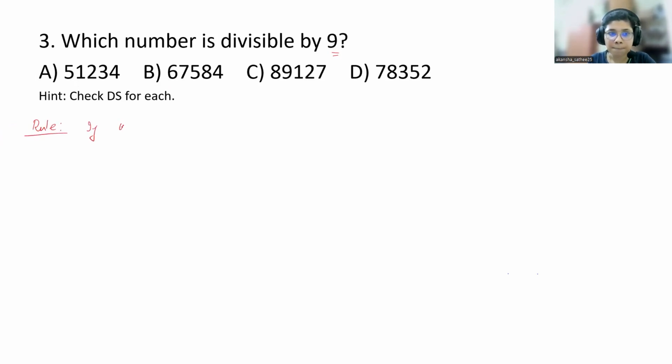If a number is divisible by 9, yes, then the digit sum of the number is 9, right?